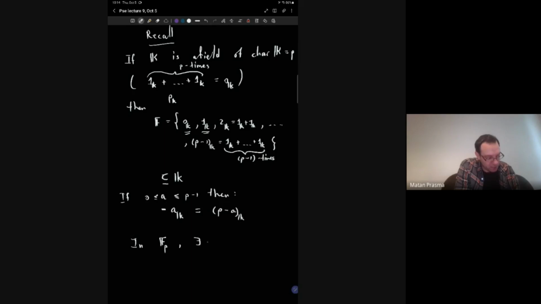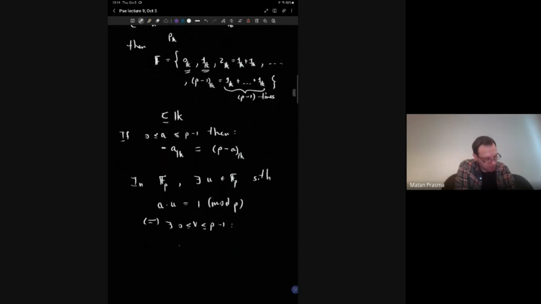I mean, there exists u in Fp such that a times u is equal to 1 mod p, which is equivalent to saying that there exists some v, again between 0 and p minus 1, such that au plus pv is equal to 1. But then you can add sub k to this equation, right?